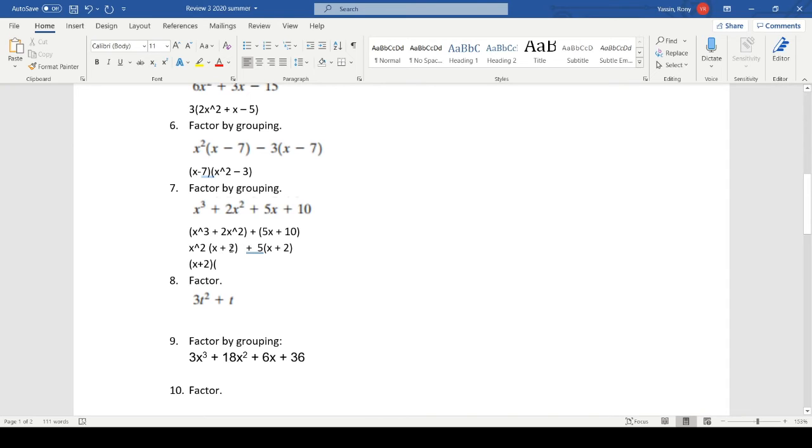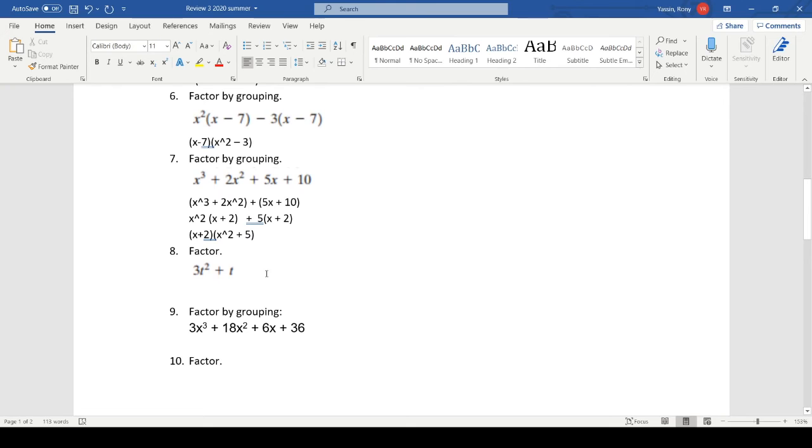Over here what's left over is x squared, and over here what's left over is just positive 5. That's assuming you take away x plus 2 from this term and this term. And this would be your final answer, because now you have a binomial. So x plus 2 times x squared plus 5.